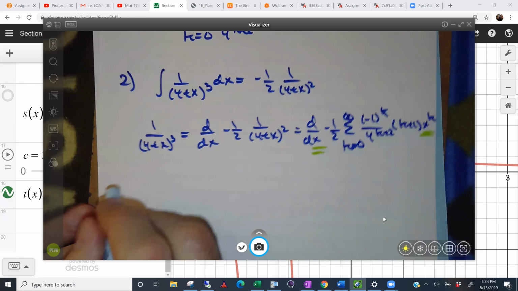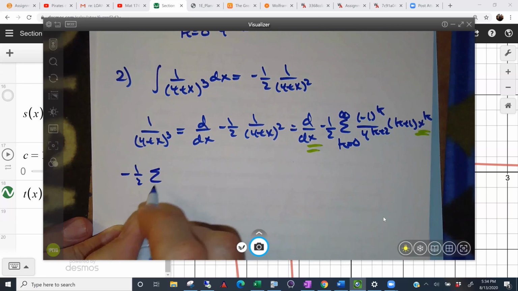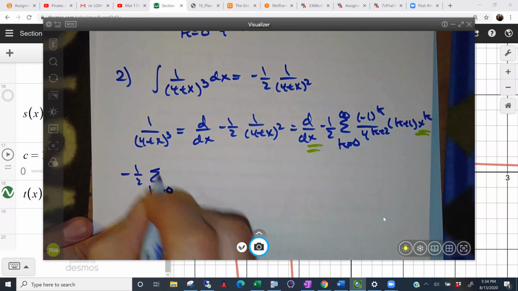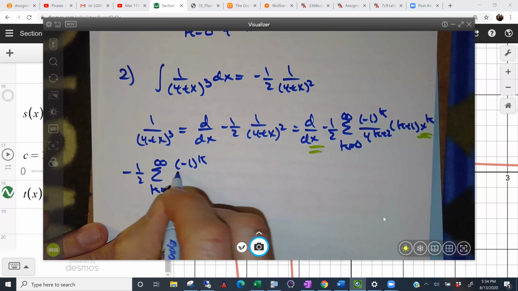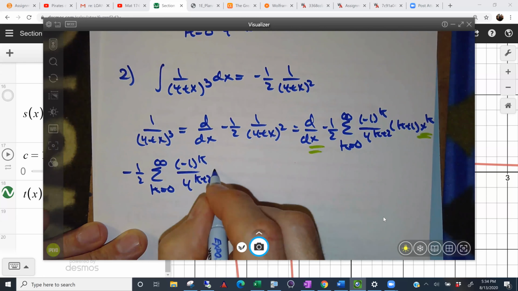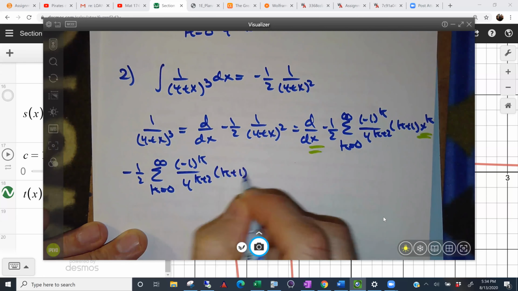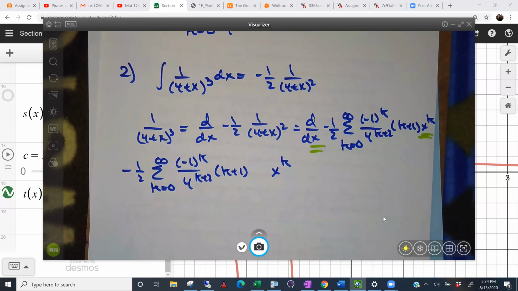So that's going to be negative 1/2 times the sum from k equals 0 to infinity, negative 1 to the k over 4 to the k plus 2, k plus 1 times the derivative of x to the k.